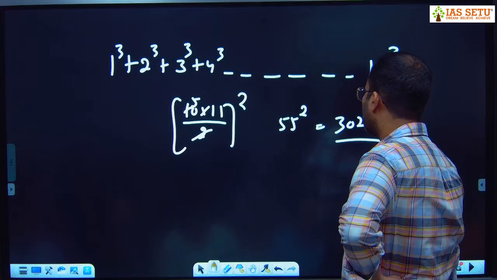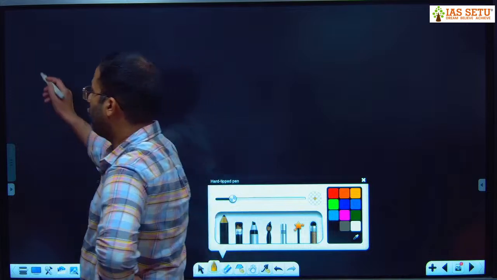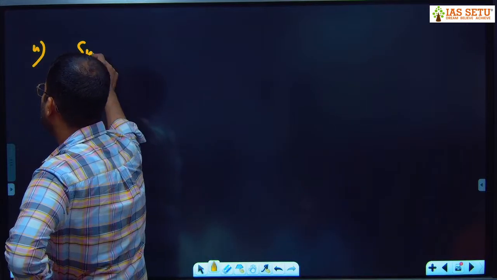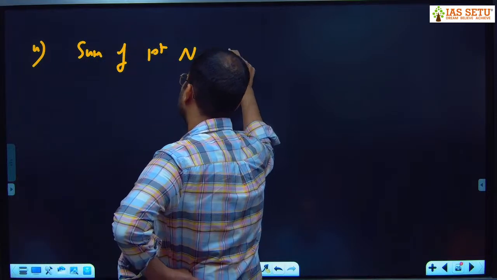Now here next rule number 4. Fourth formula is sum of first n odd number.